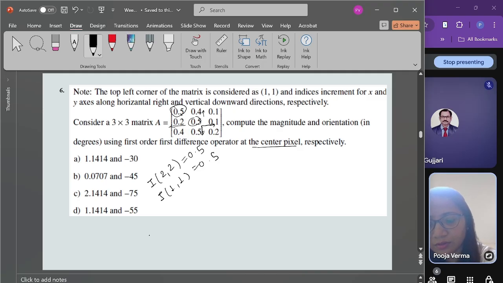So how to calculate the magnitude? First we have to calculate the first order first difference operator in both the x and y directions.